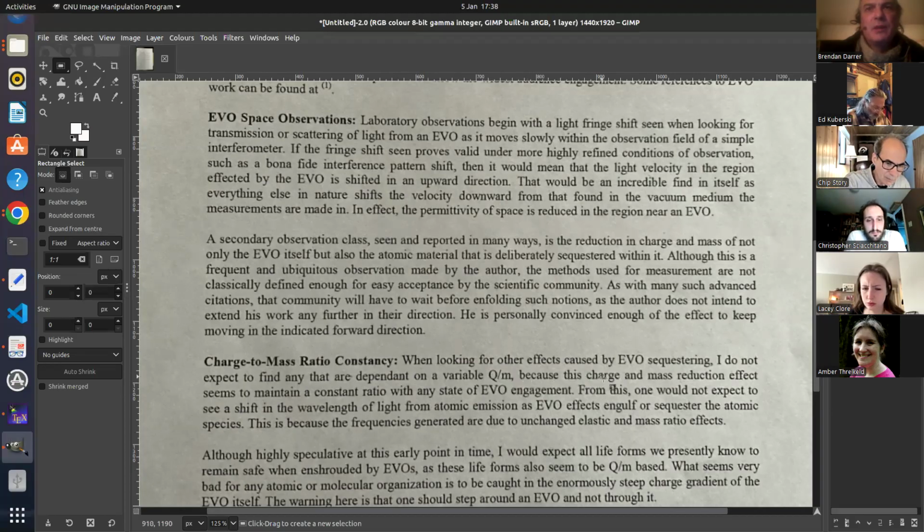Because this charge and mass reduction effect seems to maintain a constant ratio with any state of EVO engagement.